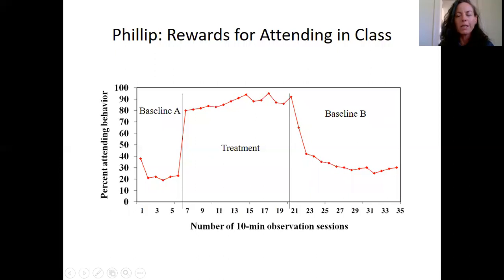It may be that Philip was doing better and he didn't need those rewards anymore, and now his behavior is better. But we wouldn't be able to tell if that treatment really had an effect unless it goes down again. So if there's a carryover effect and his behavior stays better, then that's kind of a problem.